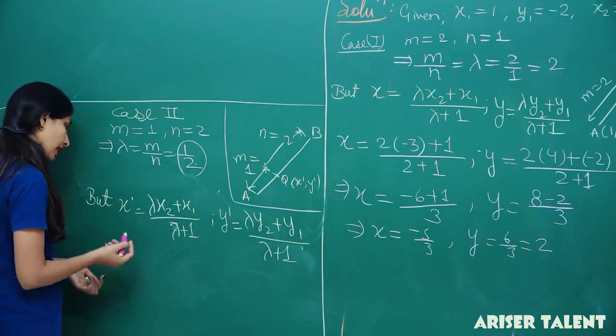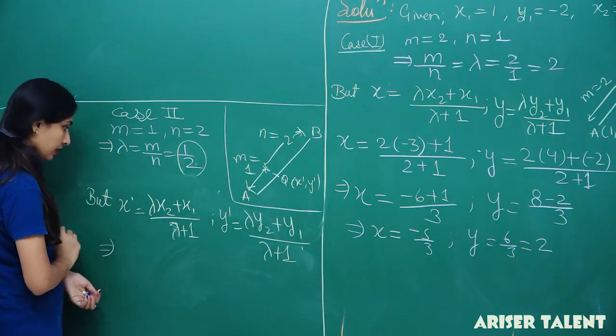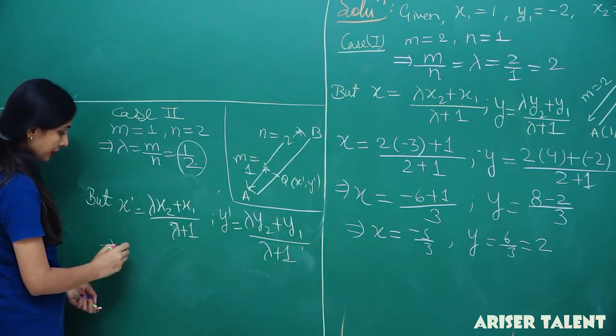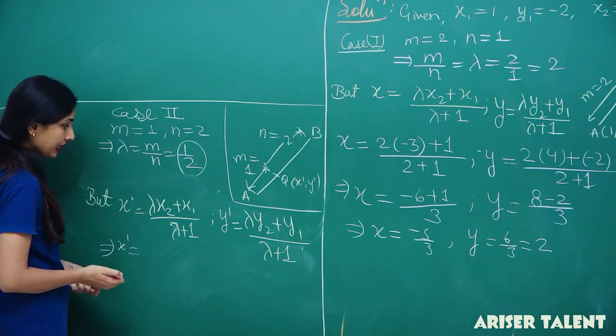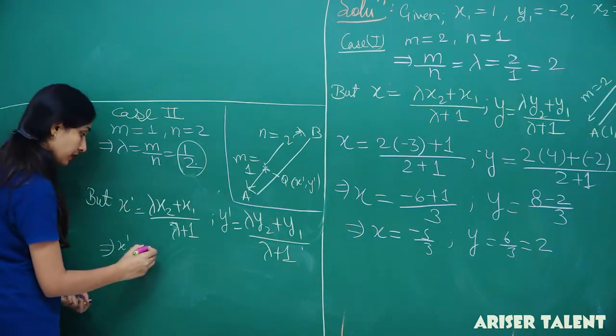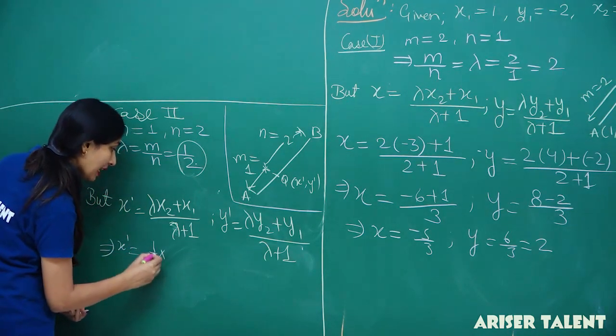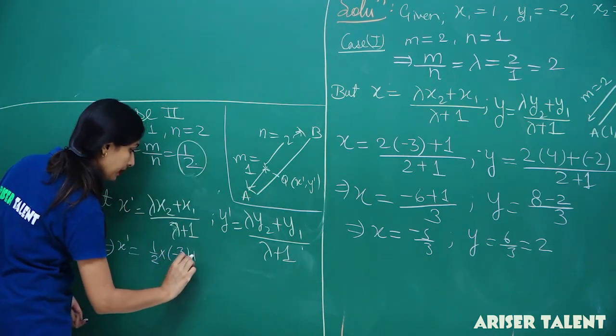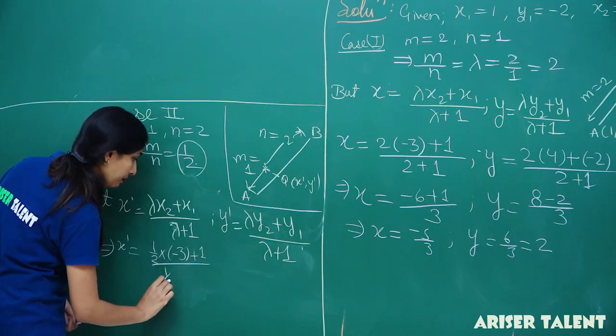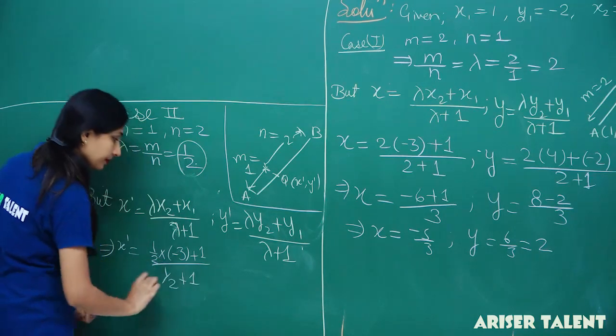So should I put the value? I know all these values here, right? So value of x dash will be equal to lambda is what? 1 by 2 here. So 1 by 2 multiplied by x2. Now x2 is minus 3 plus 1 upon 1 by 2 plus 1.